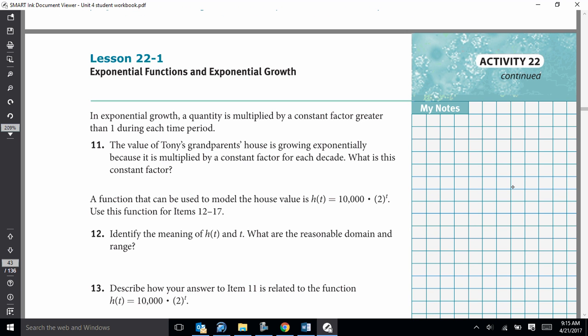All right, so looking at number 11, the value of Tony's grandparents' house is growing exponentially because it is multiplied by a constant factor for each decade. What is the constant factor? 2, right? Each decade, the home value is doubling.